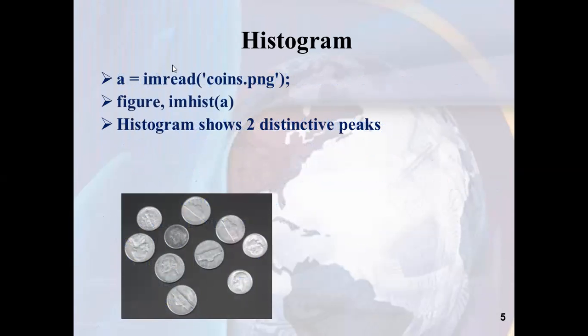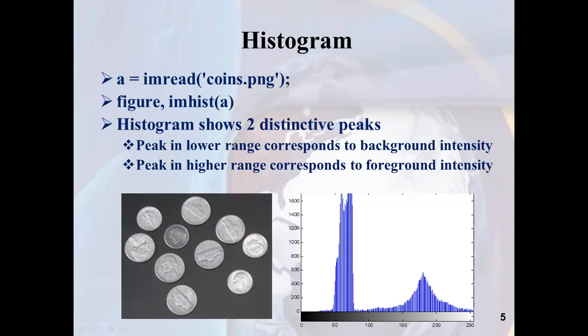So let's take an example. This is an image read from coins.png. This is the image. Now we make a figure of the image histogram. So this is the histogram. And as you see here, for example, for the bin 0, we don't have any pixels, 1, 2, 3, etc. Between, let's say, 40 and 50, the number of pixels is around 20 or 25.